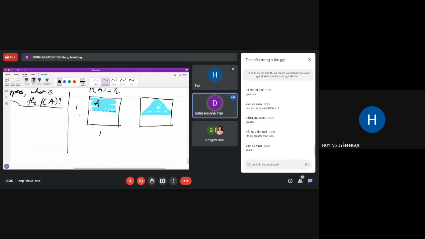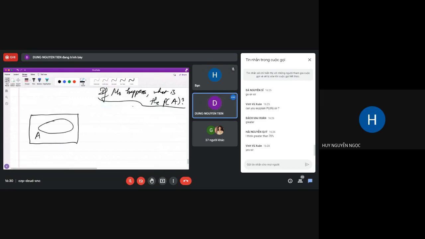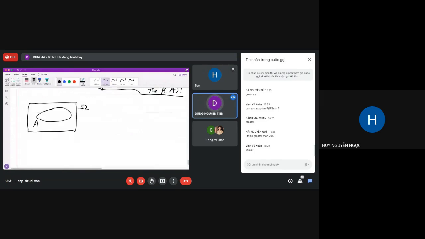You can check that the probability of picking a point from the triangle is basically 1/4. Now back to this case: you get the whole sample space with one event A like that. Then the probability of A is simply the probability of A over the probability of the whole sample space.